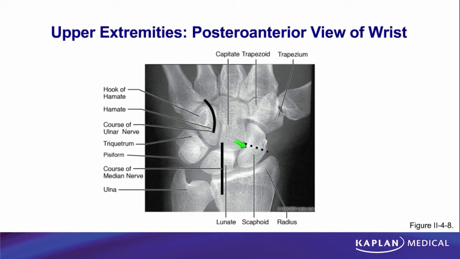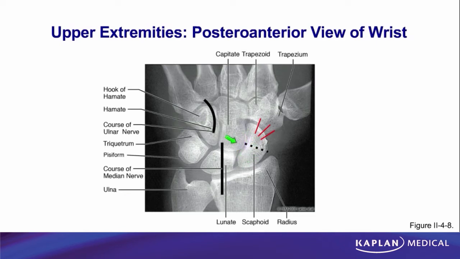The reason that's really important is that the blood supply to the scaphoid almost entirely enters the scaphoid at its distal end. All of the vessels that supply the scaphoid enter the scaphoid at the distal head of the scaphoid, which means that the proximal head of the scaphoid gets its blood supply by way of branches of these vessels that have to traverse the scaphoid to get there.